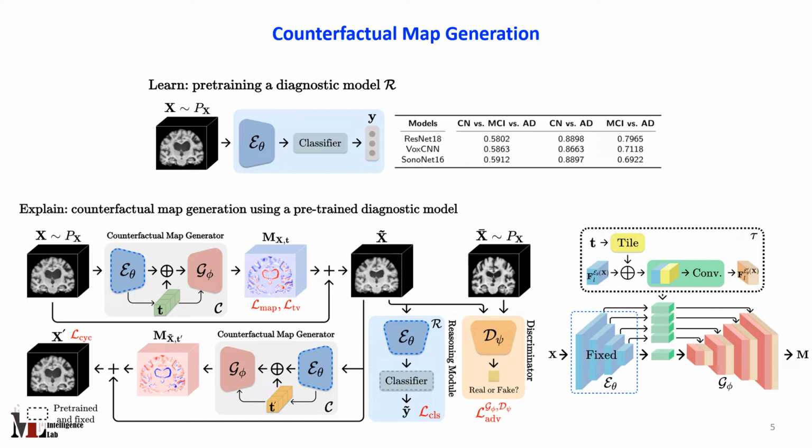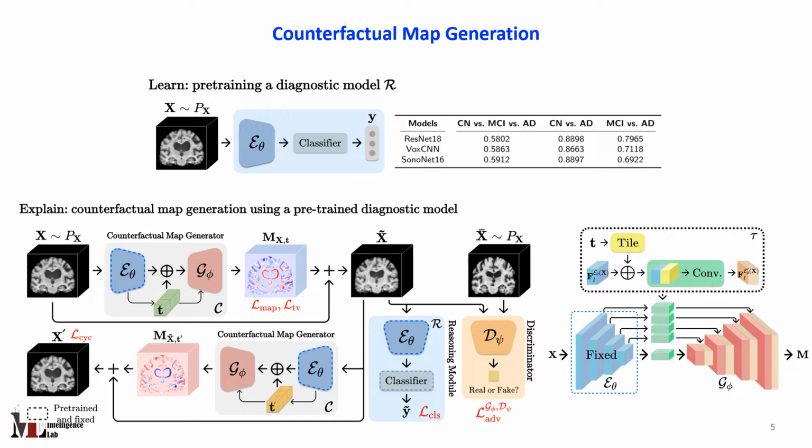After that, we perform counterfactual map generation to interpret the decision of the trained diagnostic model. The feature extractor of the counterfactual map generator used the weights of the pre-trained diagnostic model as they are. In order to generate counterfactual maps for multi-way situations, we concatenated the target condition in the form of a one-hot vector to the counterfactual map generator.